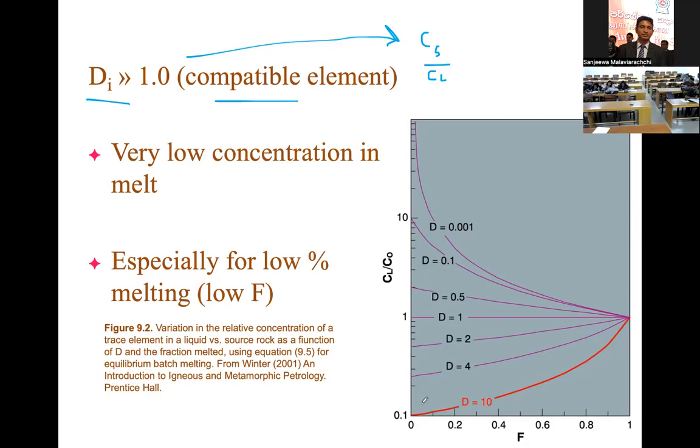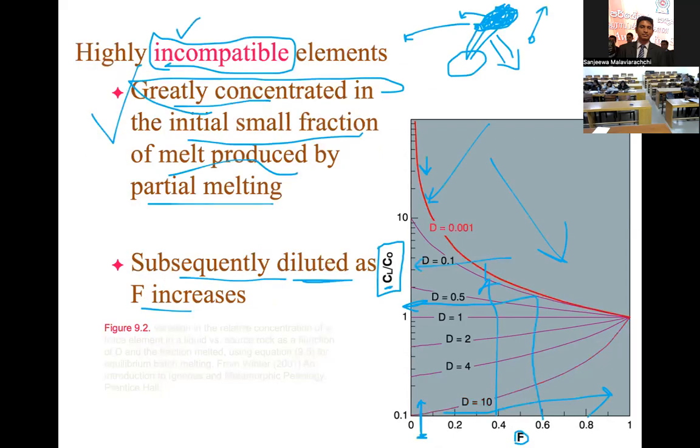We'll see the initial melt produced. Suppose the degree of melting is maybe 0.05. That means a very little amount of melt is produced. In the previous case, if it is 0.05, what happened for the melt concentration?